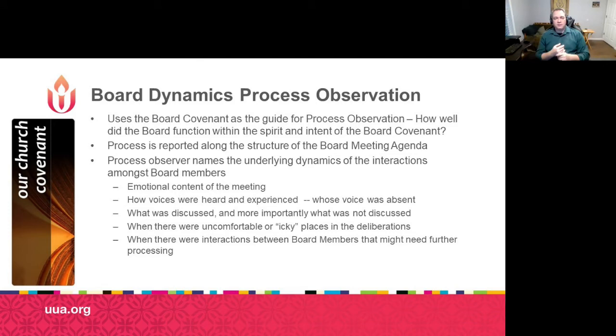Or where one person spoke 90% of the time in this one section of the agenda. The process observer names these things in as honest a way as they can. I don't believe in neutral. And they respond to questions that happen. But it's really someone who is observing the process of the meeting and then reporting back to the board at the end what they saw.